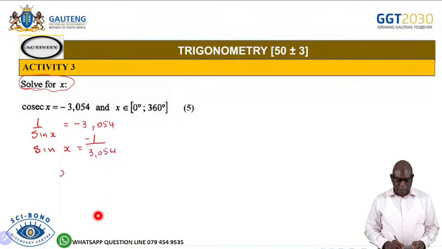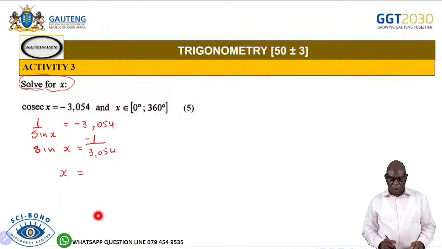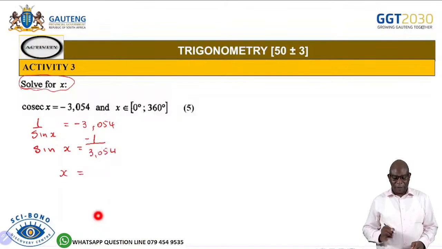So if I use my calculator, x will be equal to my reference angle, remember? My reference angle in this case will be 19,11 degrees. So you go to the calculator and say shift sine, open bracket, negative 1 over 3,054.